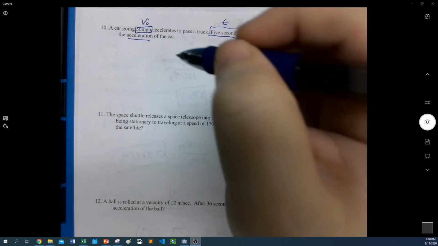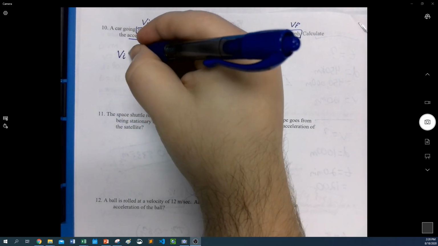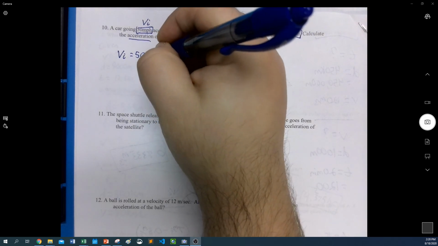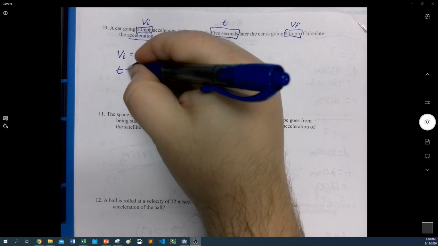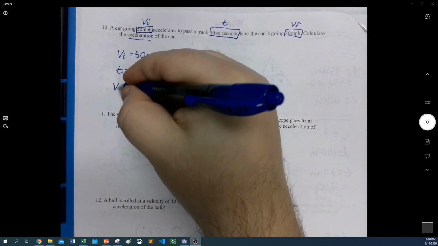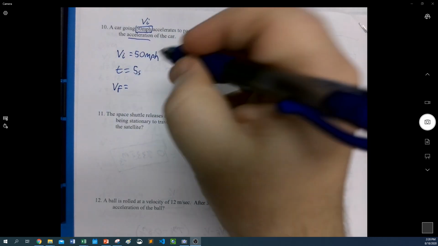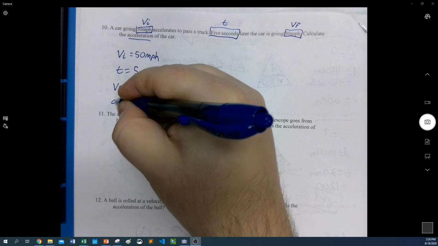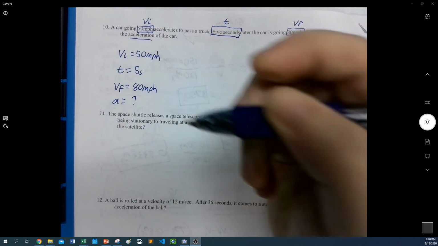Calculate the acceleration. So initial velocity is 50 miles per hour. Our time is 5 seconds. And our final velocity is 80 miles per hour. You're looking for acceleration.